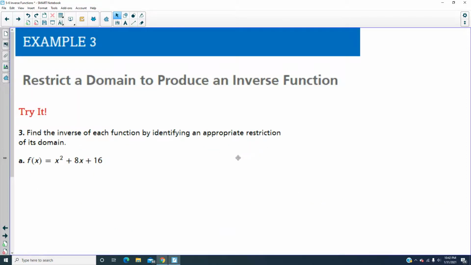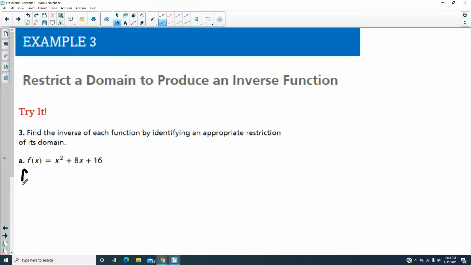So that's in example 3. Example 3 says we're going to find the inverse of each function by identifying an appropriate restriction on its domain. So part A, we have the function f of x equals x squared plus 8x plus 16. It would be best if we think about the graph of this, and if we look at it in factored form, it'll be easier to think about the graph.